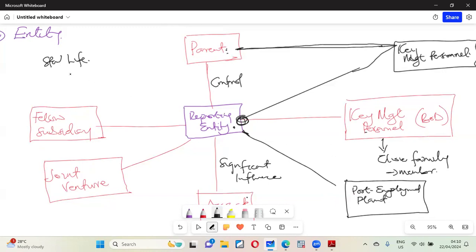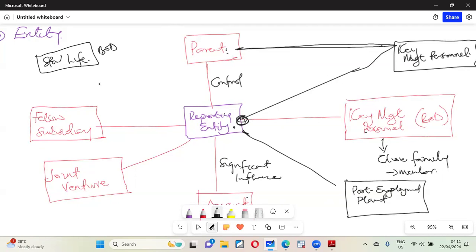So I was citing an example that a person who works in Star Life, all right, is a board member of, let's say, Star Life, but also is having a key management position. Let's say he is a board member here in Star Life. Then what other company of Star Life? I think they have Star FM or something.